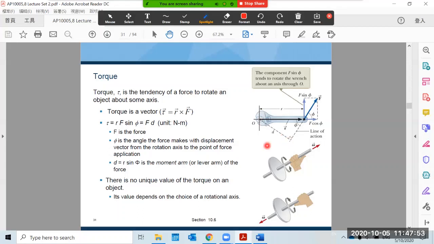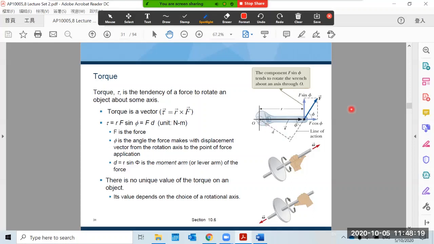In both cases, it could be written as rF sin phi. It could be r times F sin phi, considering only the force component perpendicular to the spanner, or r sin phi times F. r sin phi would be the perpendicular distance of the force from the axis of rotation.